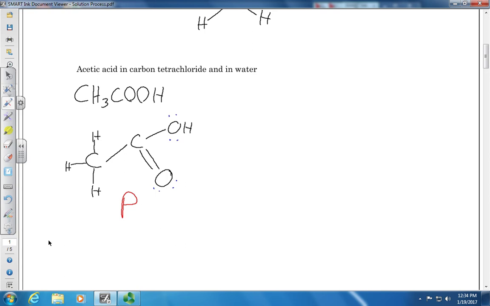Now, carbon tetrachloride is just like methane, except instead of hydrogens, it has chlorines. So carbon tetrachloride is going to look kind of like that in its 2D representation. That is a very nonpolar molecule. And finally, we have water.